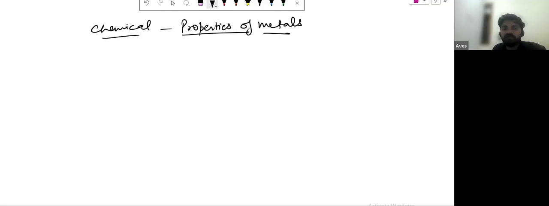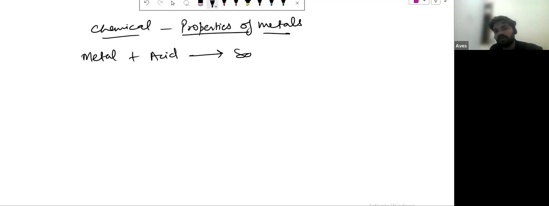The first property of metals is that metals react with acids. They produce salt plus hydrogen gas. Understood? This is the common property, that metals when reacting with acid produce salt plus hydrogen gas.